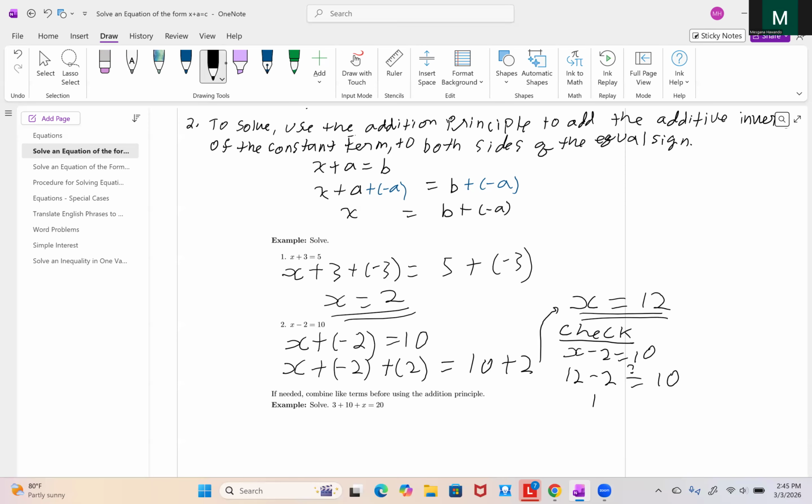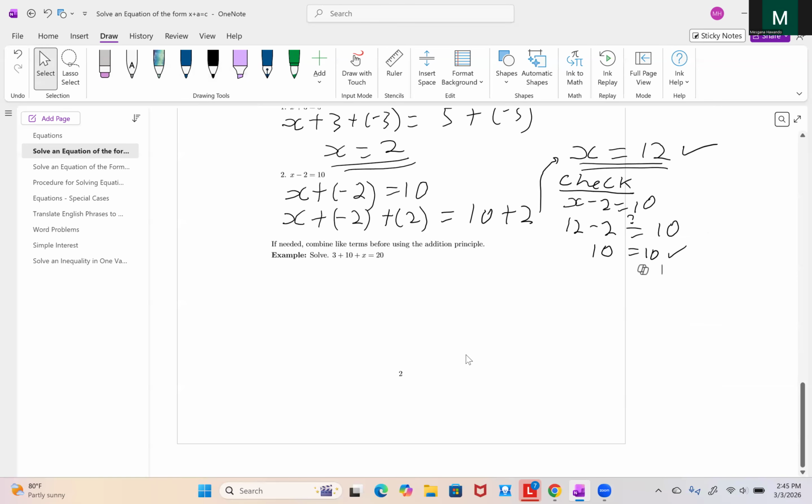Then we have 12 minus 2 is 10. 10 is equal to 10. So this is a true statement. Therefore, x equal to 12 is a solution.